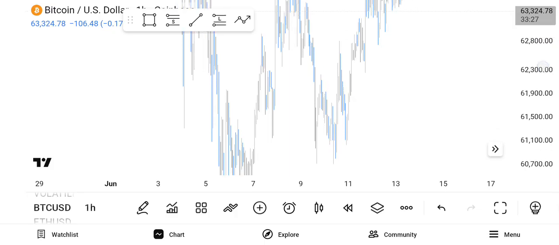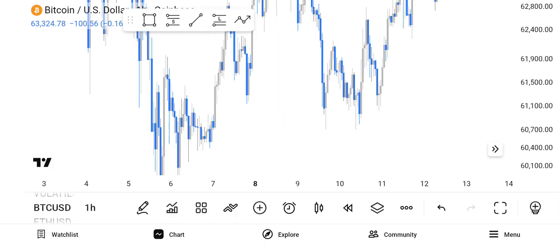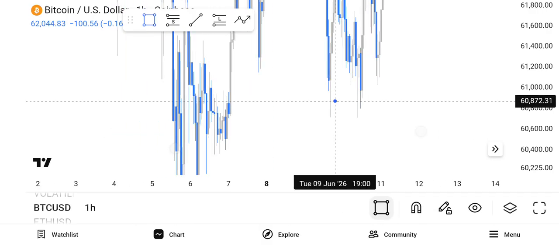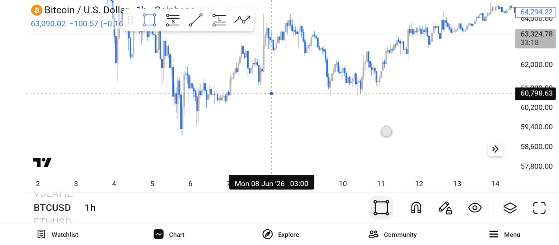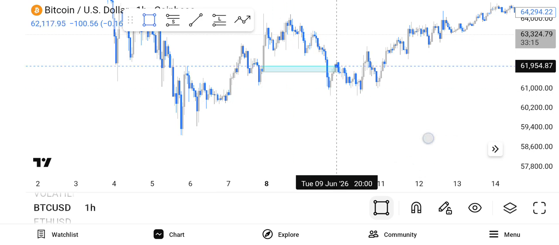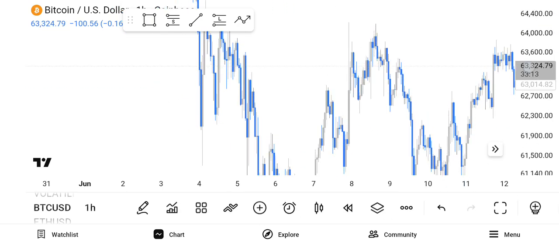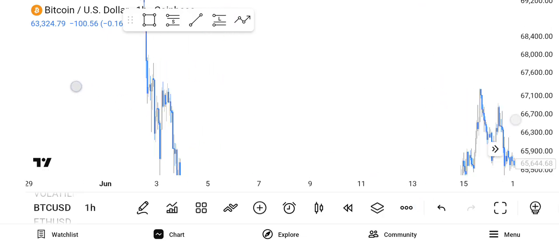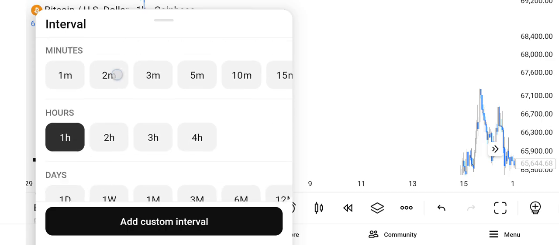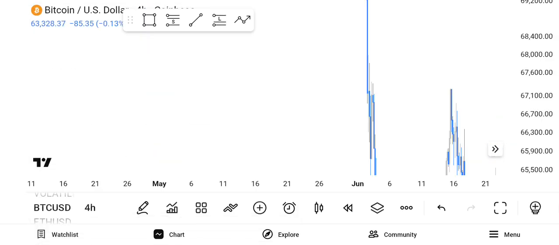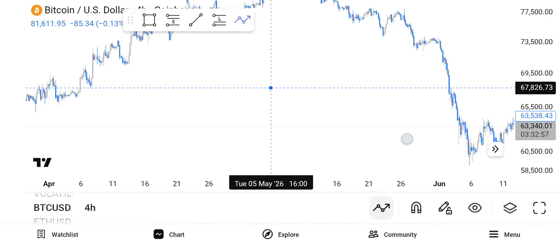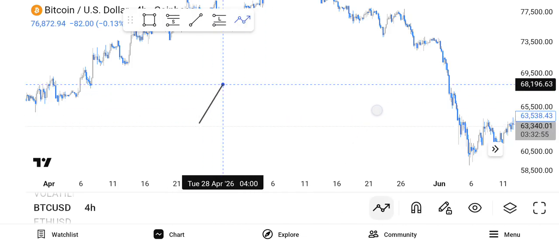So, supply zones are literally indecision candles before a big sell off. Those little tiny indecision candles before a big sell off. Let's say the market was in this uptrend.